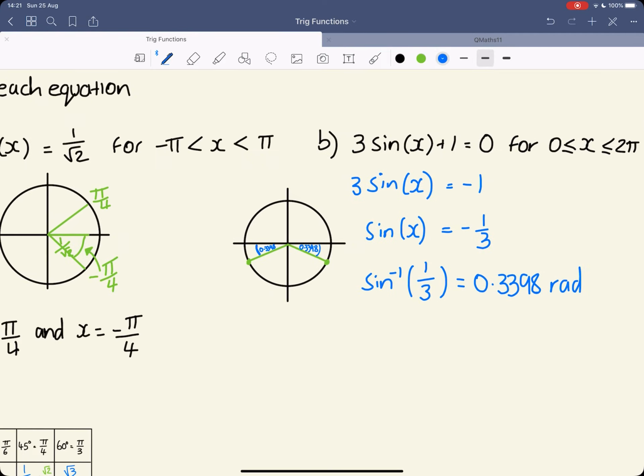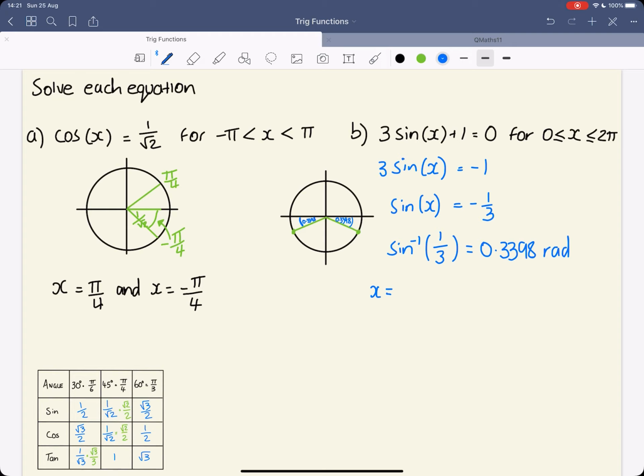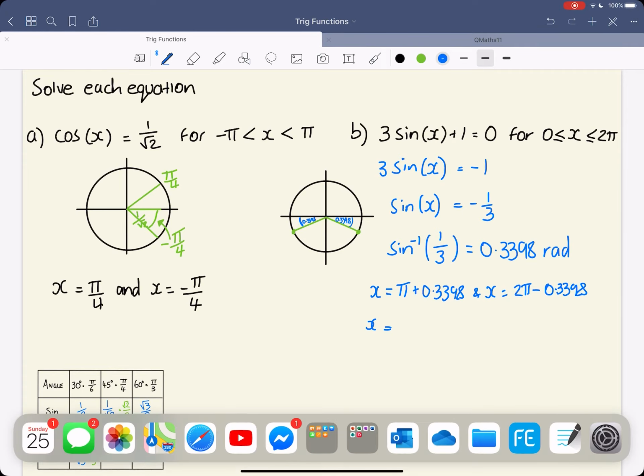We'll write them below. x will equal pi add 0.3398, and x will equal 2 pi take away 0.3398. So let's use our Safari again.